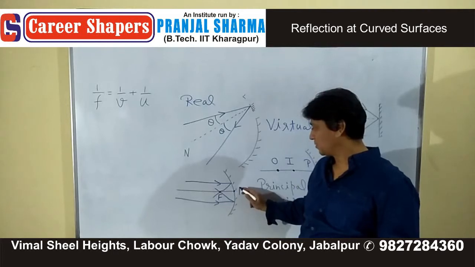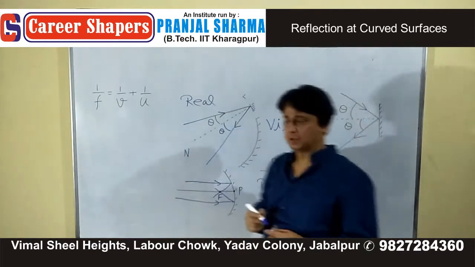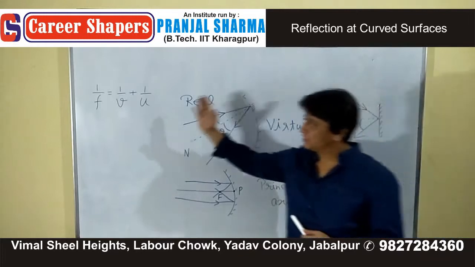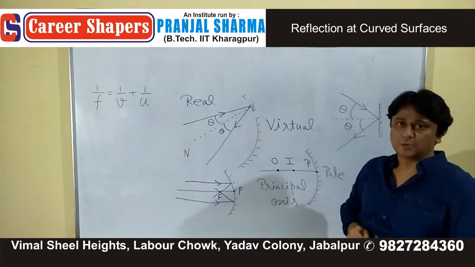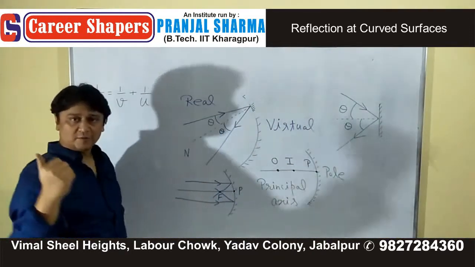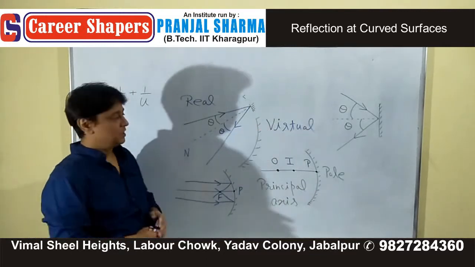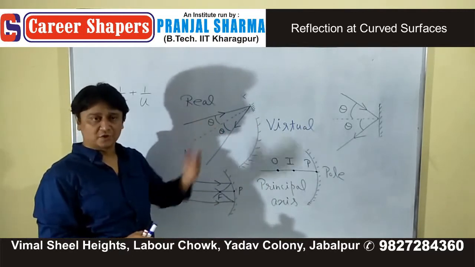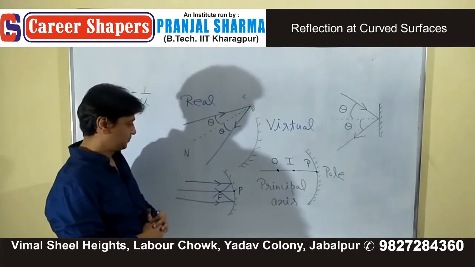Its distance from the pole with proper sign is F. We will develop this relationship for a concave surface, but that relationship will be valid for any type of mirror. You can take concave, you can take convex, or you can take a plane surface. This relationship is valid for any type of mirror.